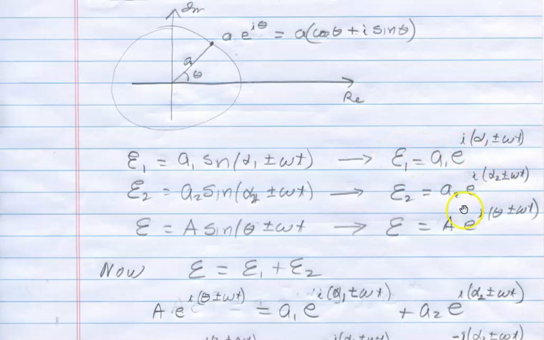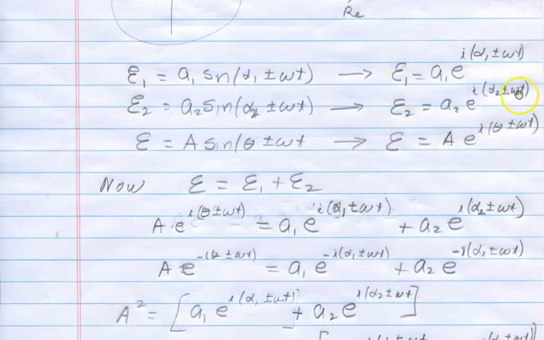Once you know all of these things, if you want to go back and recover the real waves, you just take the imaginary part of whatever your solution is. Likewise, if these had been cosines, you could form the same phasors, do your calculations, and then at the end take the real part of E to get back to this form over here.